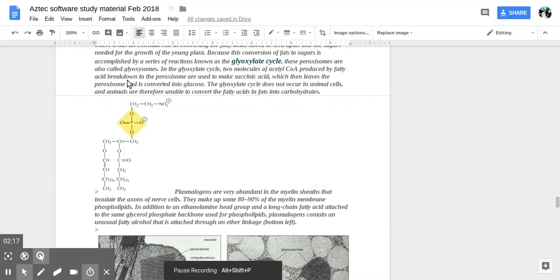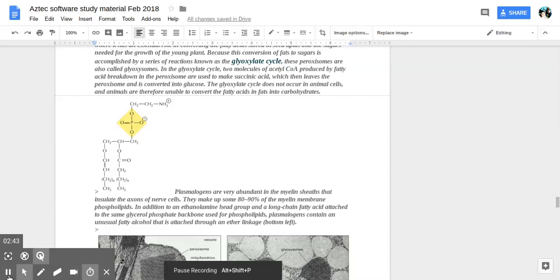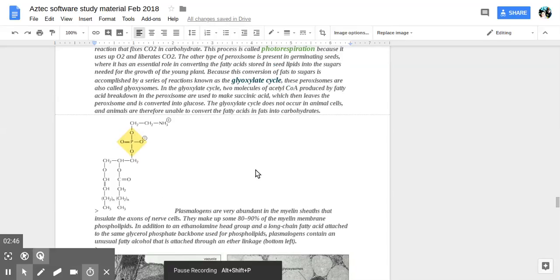So the fatty acid chains in the lipids of the seeds are converted in the glyoxylate cycle to two molecules of acetyl-CoA. The peroxisomes use these acetyl-CoA molecules to make succinic acid, which leaves the peroxisome and is converted into glucose. And this occurs in only plant cells. So this is how fats are converted to sugars in plants.